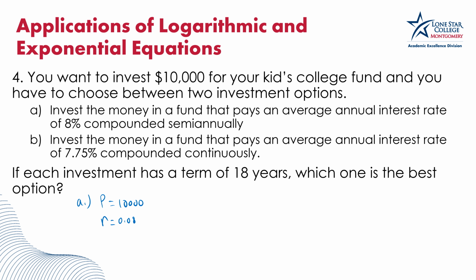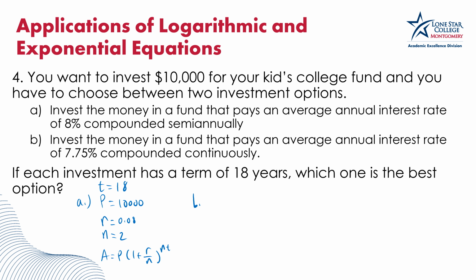It's compounded semi-annually, which means twice a year, so our n is 2. We'll still be using the compound formula from the last question: A equals P times 1 plus r over n, raised to the nt. And our t is 18 years.